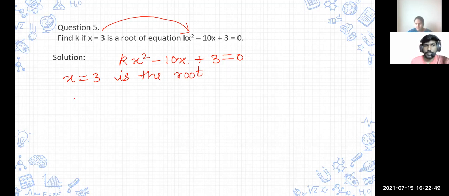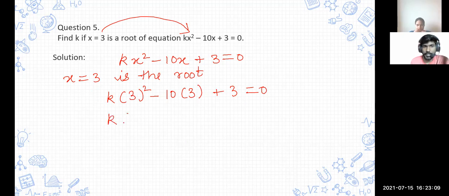So after substituting x is equal to 3, you will get k into 3 squared minus 10 into 3 plus 3 is equal to 0. Here you are not checking, here it is given, so that is why you take it equal to 0. So k into 3 squared is 9, minus 10 into 3, 30, plus 3 is equal to 0.